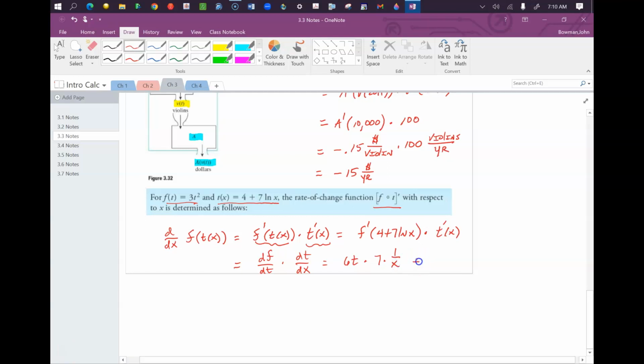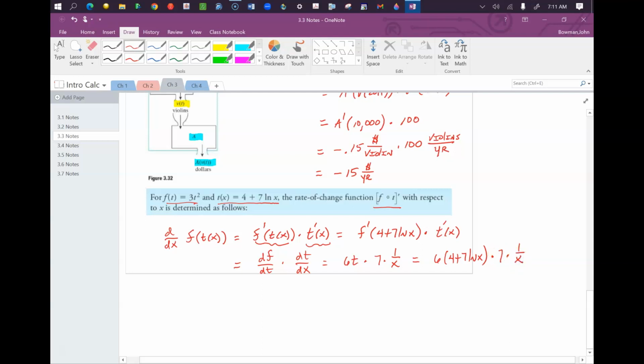Now the only thing we have to do is get this all in terms of x, because we're taking the derivative with respect to x. So we have 6 times t, but t of x is 4 plus 7 ln x. And then we've got everything in terms of x, times 7 times 1 over x.